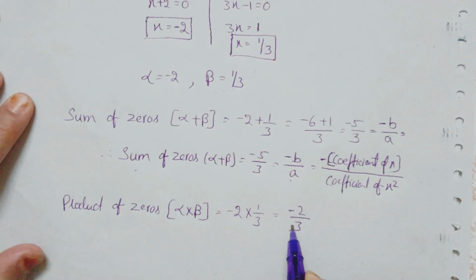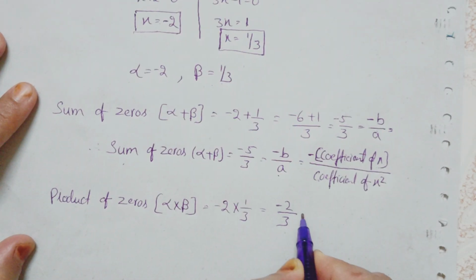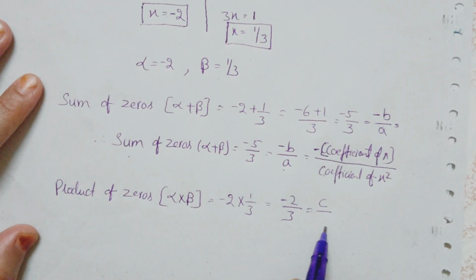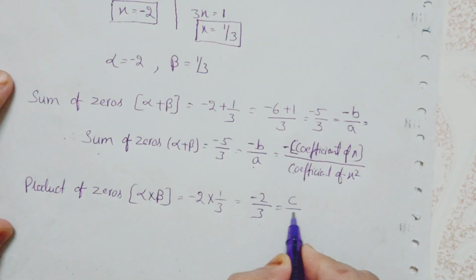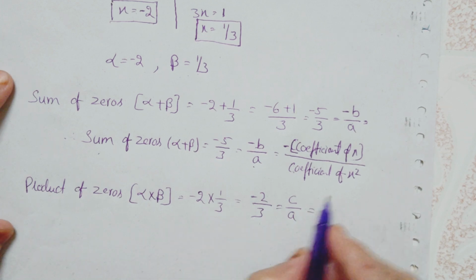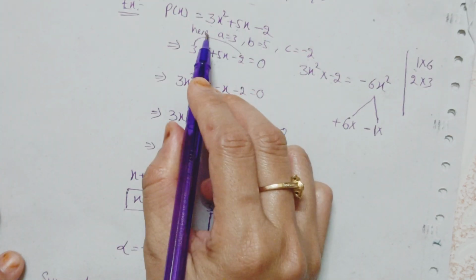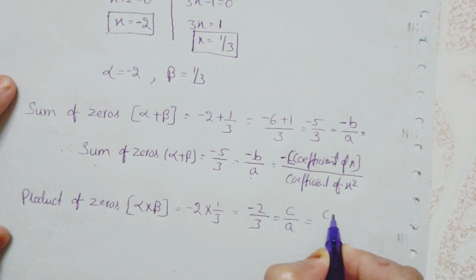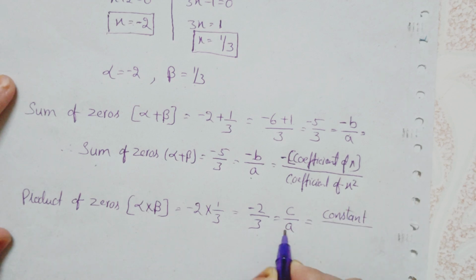What is −2 here? Minus 2 means c, and instead of 3 I can write a, so it is c/a. What is c? C is the constant, and a is the coefficient of x². In the place of c I can write the constant, divided by a, the coefficient of x².